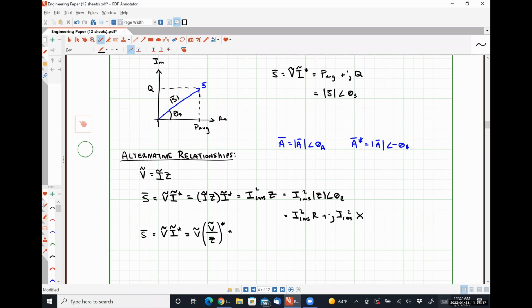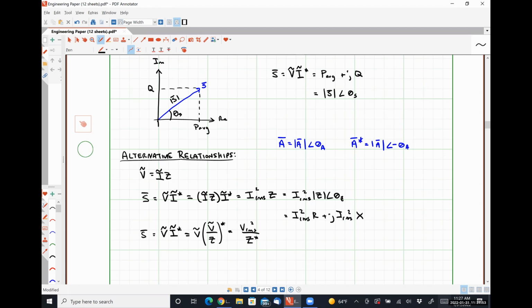And so that gives me my RMS voltage squared divided by the conjugate of my impedance. I could spread this out into a polar form representation and a rectangular form representation if I so chose, but it's not nearly as concise and pretty as the current relationship, so I'm not going to do it. If you're going to use these, it's probably going to be the current one that you utilize.